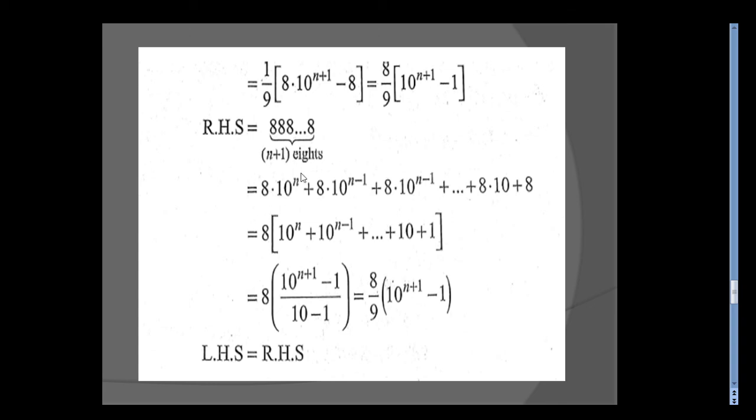Starting with 8 into 10 power n, 8 into 10 power n minus 1 and so on up to 8 into 10 power 0. We take 8 outside: 10 power n, 10 power n minus 1 and so on up to 1. Again by using the formula, we get 10 power n plus 1 minus 1 divided by 10 minus 1. On doing simplification, we get 8 by 9 into 10 power n plus 1 minus 1.